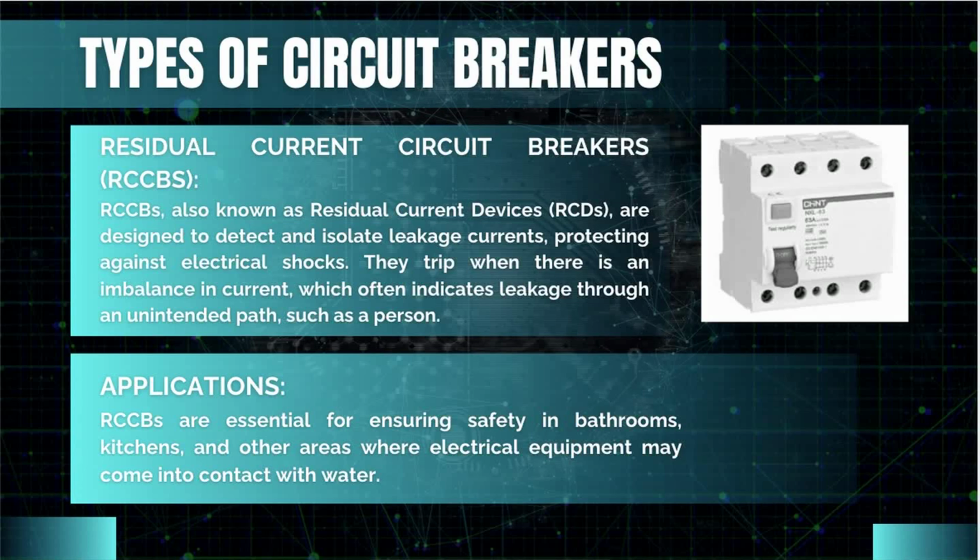Applications: RCCBs are essential for ensuring safety in bathrooms, kitchens, and other areas where electrical equipment may come into contact with water. Air and vacuum circuit breakers, ACBs or VCBs.